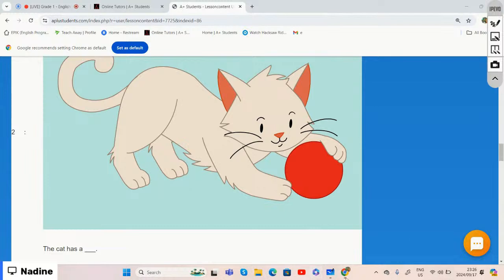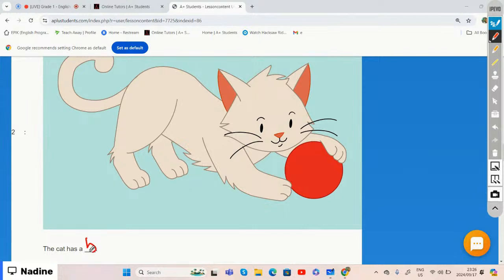And if we look at the thing that the cat has, then we can say the cat has a ball. So the cat has a ball. That is what the cat has, and that is a specific thing that the cat has in its hand.